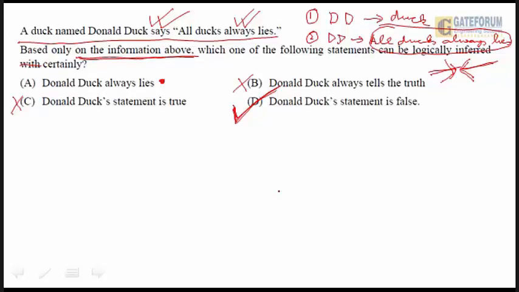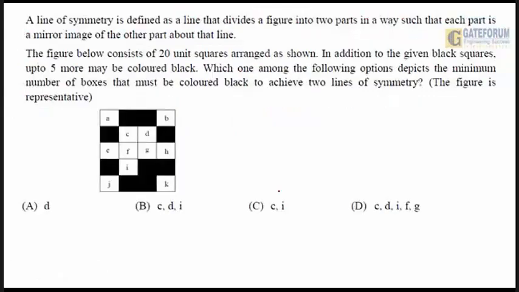Let's move on then to the next one. A line of symmetry is defined as a line that divides a figure into two parts such that each part is a mirror image of the other part about the line. Quite a clear definition, and I'm sure everybody has understood. The figure below consists of 20 square units because this is a 4 into 5 grid, arranged as shown.